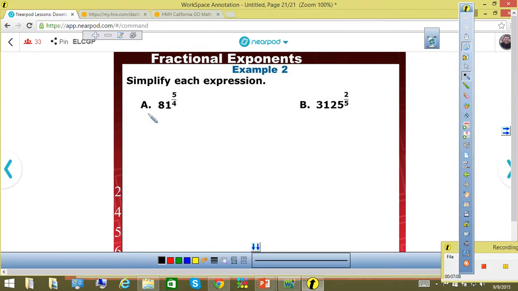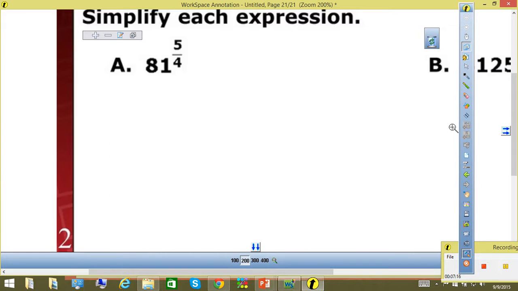Example 2, it says A is 81 to the 5/4. Let me zoom in. So let's do this one together. First things first. We need to rewrite the exponent. Is that correct? So instead of being 5/4, it has to be 1/4 times 5.